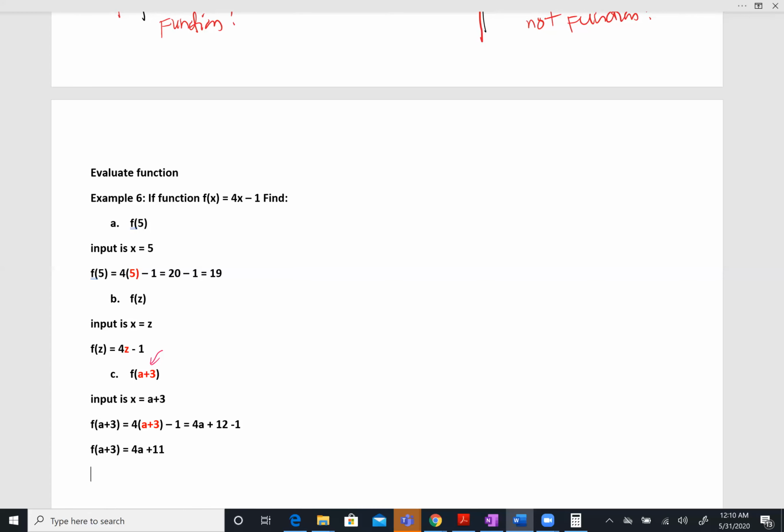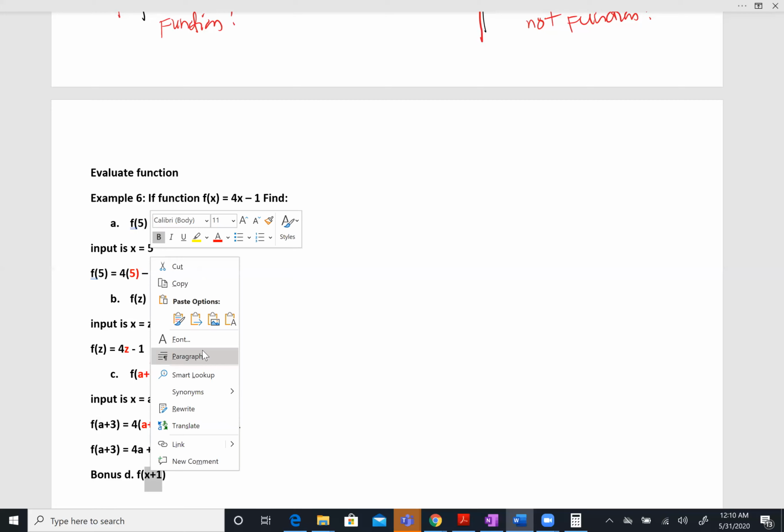So yeah, let's do one bonus problem, and I think most of you may struggle with that. Let's do f of x plus 1. In this case, what is the input? The input is going to be x plus 1. It's not x anymore, it's x plus 1.